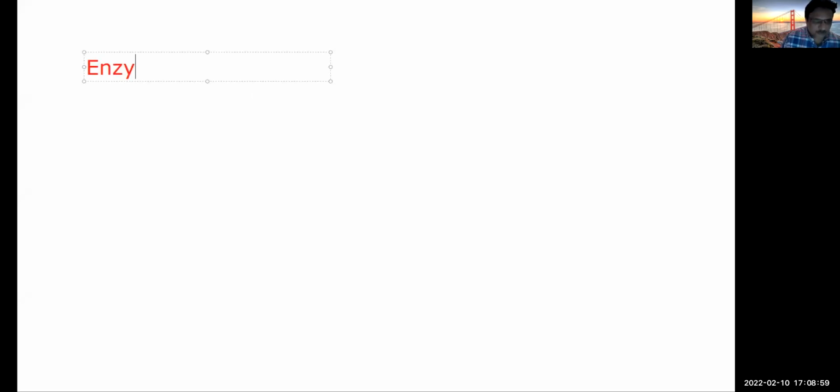What is an enzyme? An enzyme is a catalytic agent that can increase the rate of reaction, right? Now here we are talking about restriction enzyme. So what is restriction enzyme?